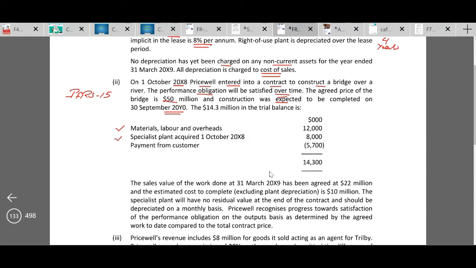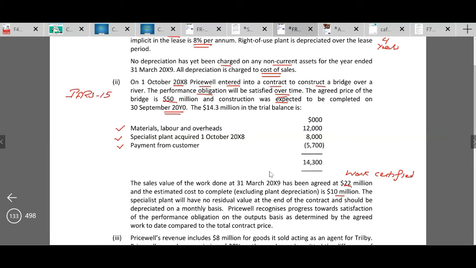Specialist plant acquired. Payment, which is the billed amount. The sales value of the work done has been agreed at 22 million, which is the work certified. And the estimated cost to complete, excluding the plant, is 10 million.